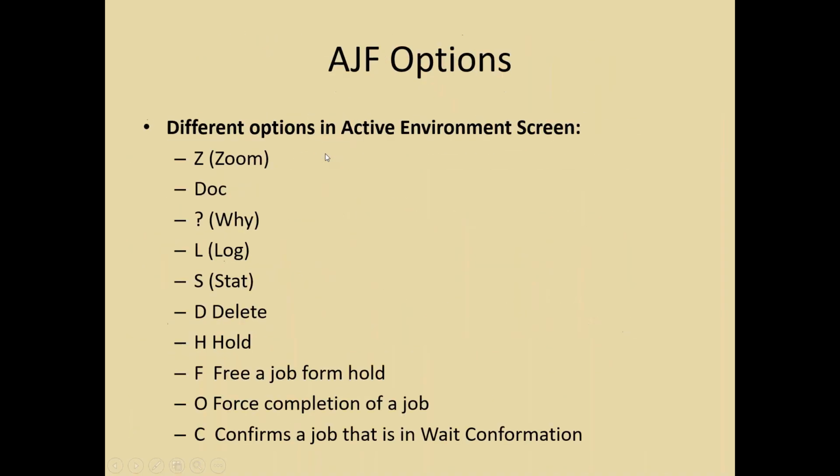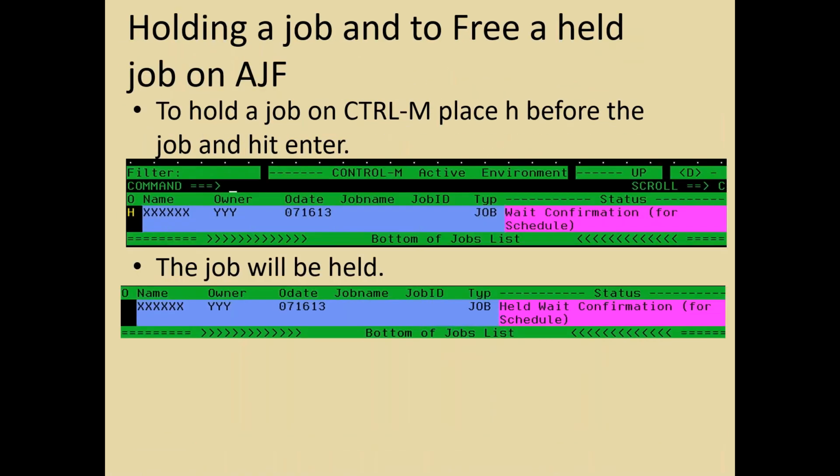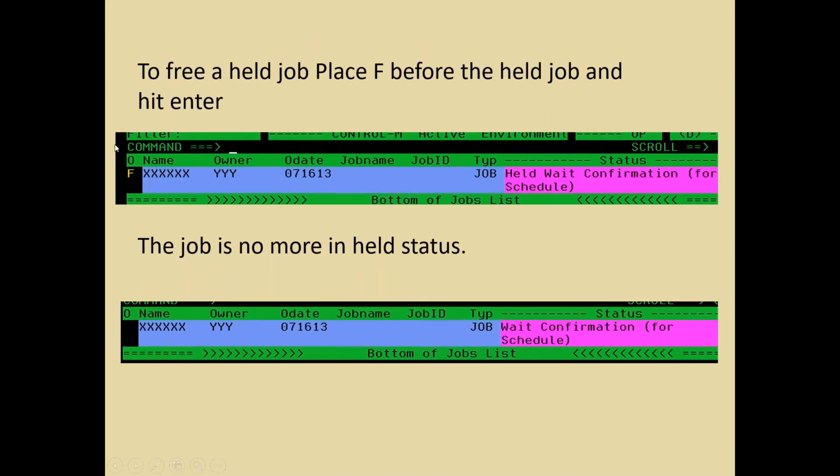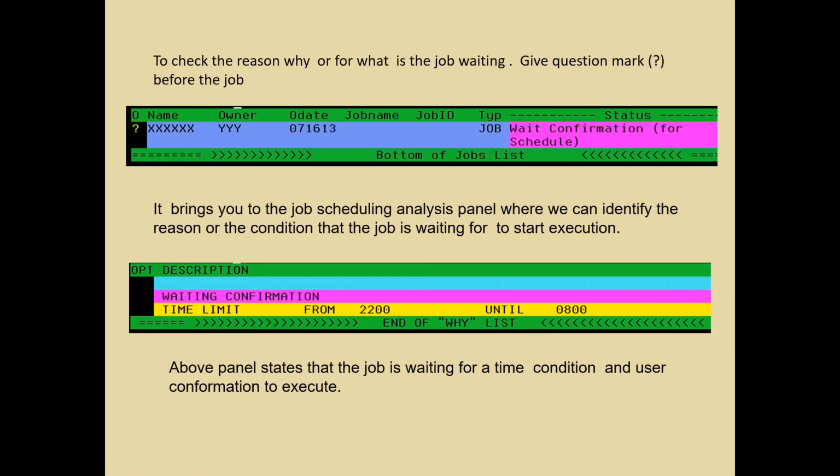Then I will come back again here to the held wait schedule status. Then again I will give F. If you give F, then that job will be freed and there are no conditions the job is waiting for. The job will start executing at that time. The above panel states that the job is waiting for time condition and the user confirmation to execute.